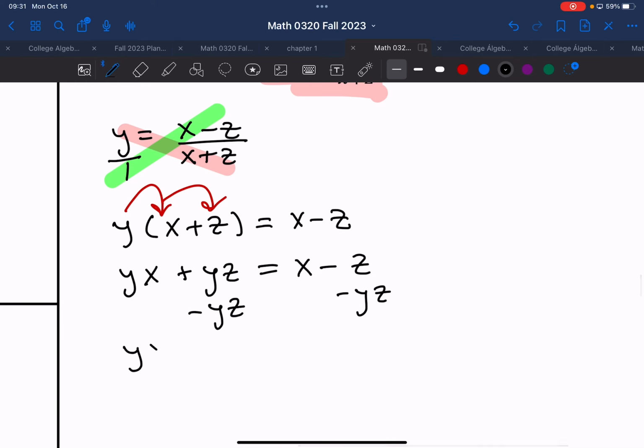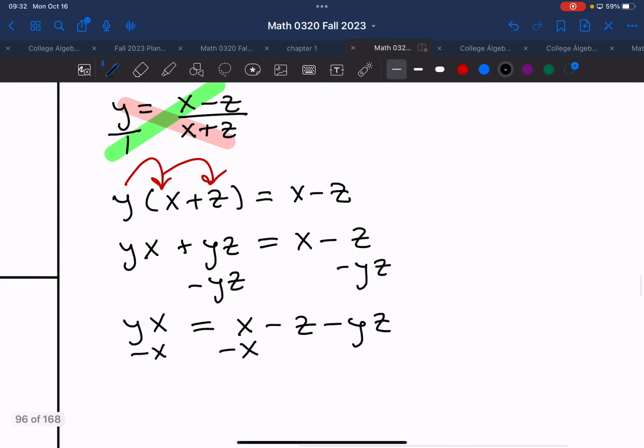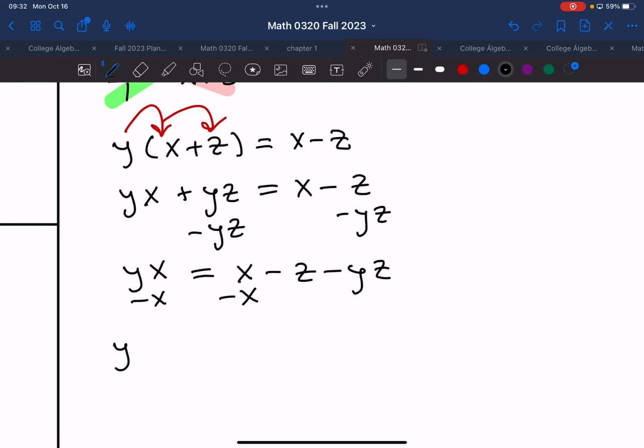So I had yx equals x minus z minus yz. So on that right side, we have two of our z's, but do we need our x over there? No, so I'm going to move my x over. And I get yx minus x is equal to negative z minus yz.